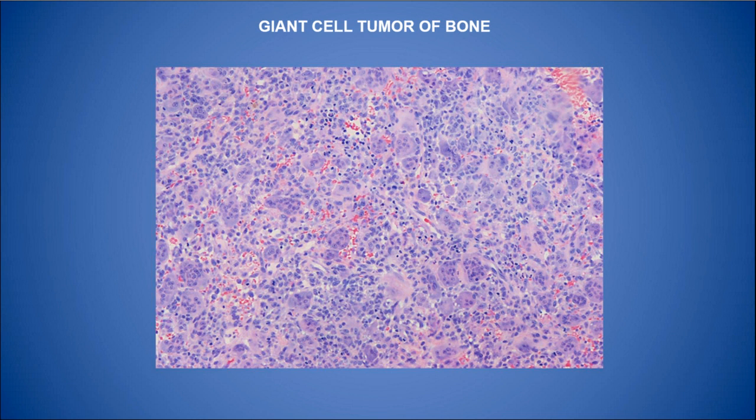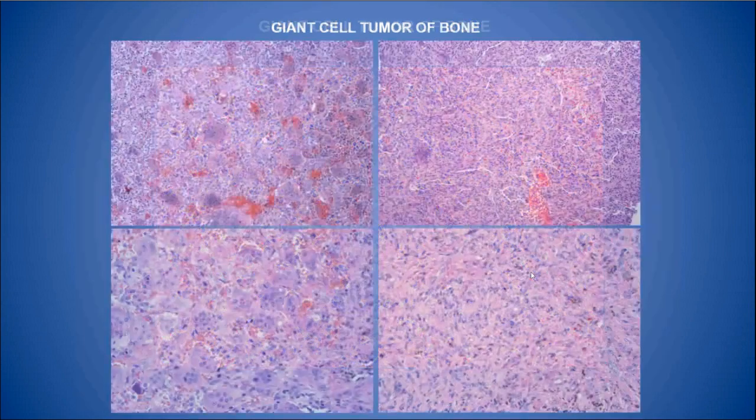Giant cell tumor of bone is characterized by evenly distributed osteoclast-type giant cells and a background mononuclear population of cells that have a somewhat histiocytic-like appearance. Some of the cells may be spindled as well, and it is also accompanied by variable degrees of inflammation, lymphocytes, and occasionally you can see a plasma cell.